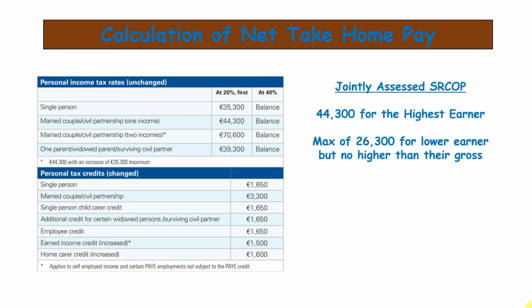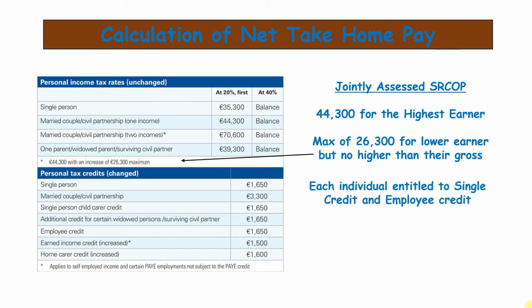For jointly assessed couples, the highest earner has a cutoff point of $44,300. The lower earner has a tax credit equal to their gross but capped at $26,300. So if their gross is $10,000 for instance, then their cutoff point is $10,000. But if their gross is $28,000, then their cutoff point is the maximum of $26,300.